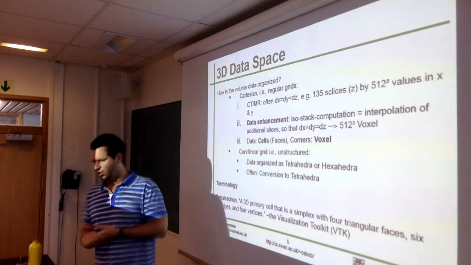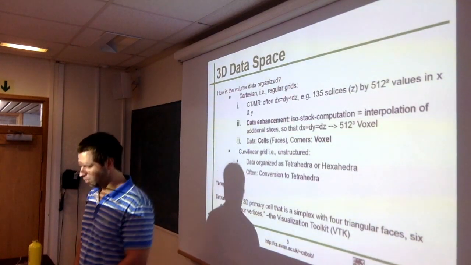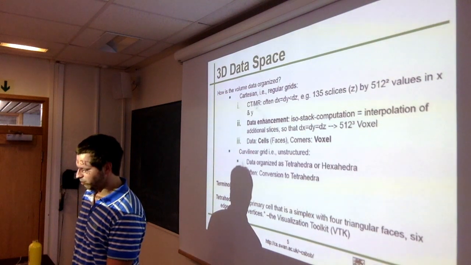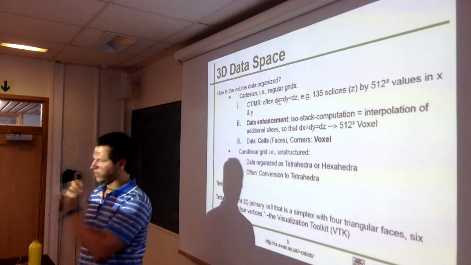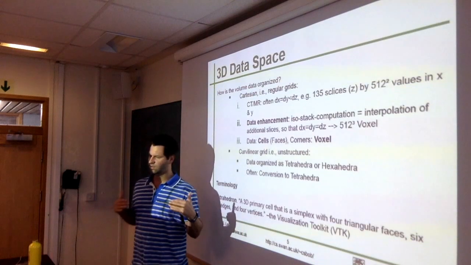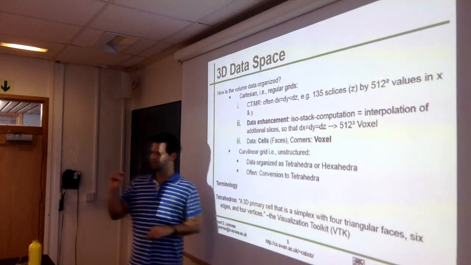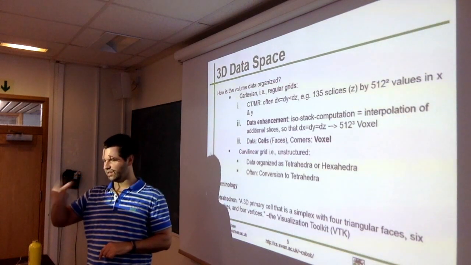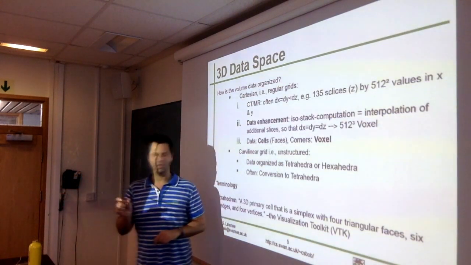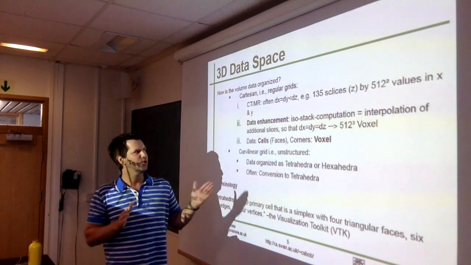So the data is usually, not always, but oftentimes placed on Cartesian or regular grids. That means dx is the space between data samples along the x-axis, dy along the y-axis, and dz is the space between data samples along the z, or the depth, right?